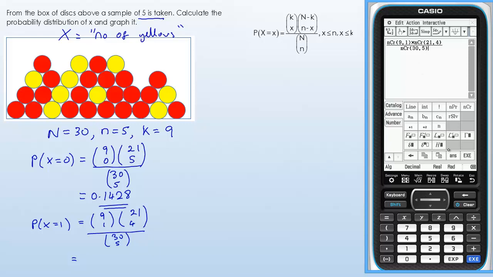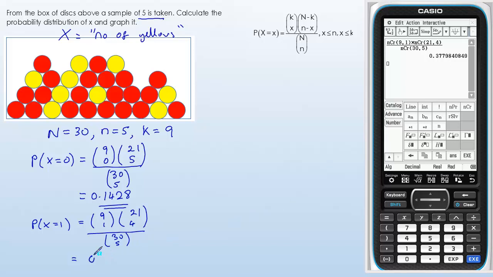So just check those are okay, they're all good, and we get 0.378. So if we round that, it'll be 0.3780 to 4 decimal places.